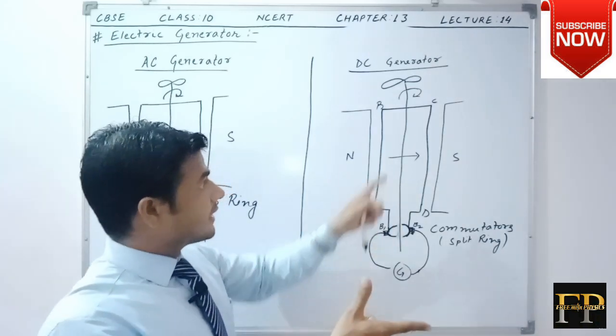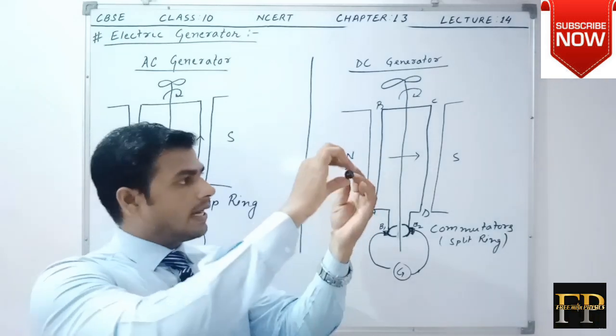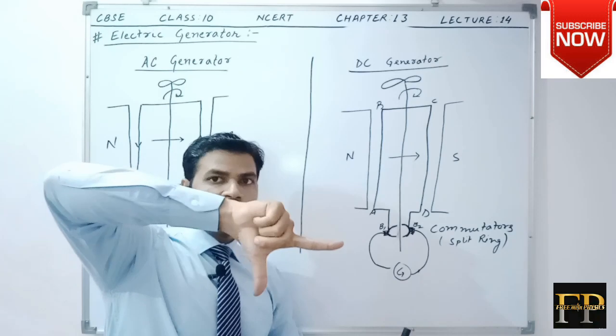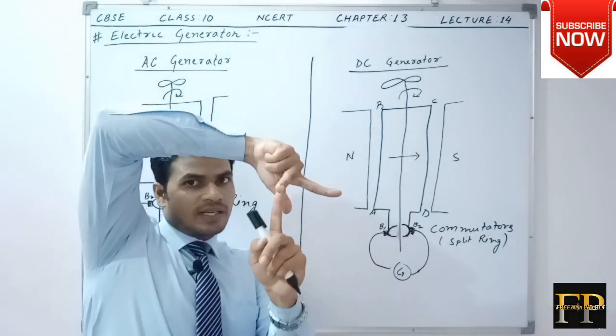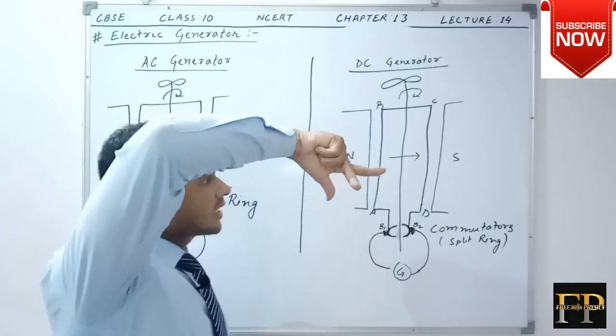And here, the side CD will move downward. Then the middle finger will show the direction of induced current.